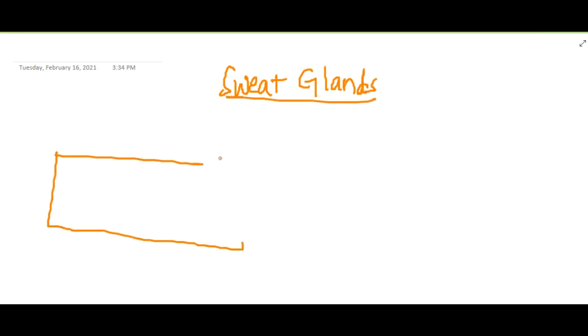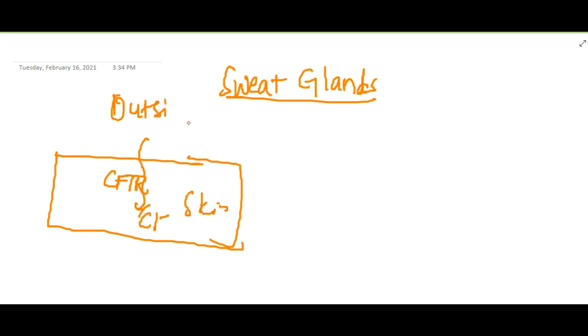Then in the sweat glands, it is a little different. In the sweat glands, the cystic fibrosis transmembrane regulator chloride channels absorb chloride from the outside. This is outside, this is the skin cell. The chloride is absorbed along with sodium.